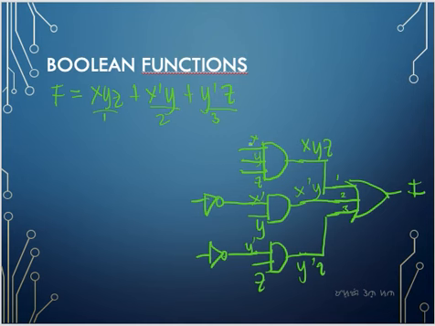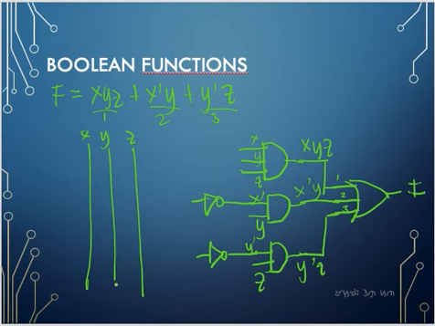Now, since ang input ko dito ay tatlo, x, y, z, so maglalagay ako dito ng x, y, z. Okay? Gagawa na lang ako dito ng linya pababa. Okay? So, i-connect ko sila isa-isa.